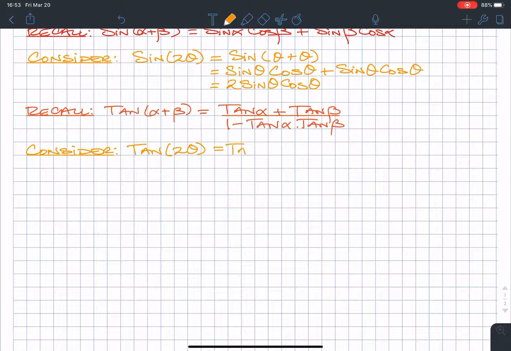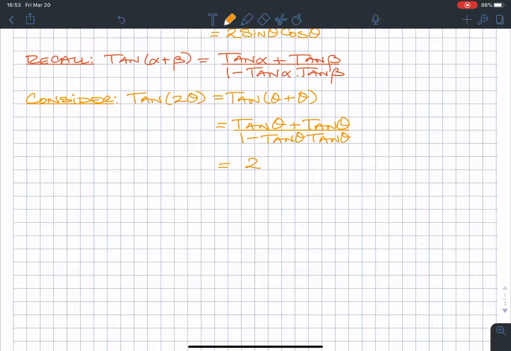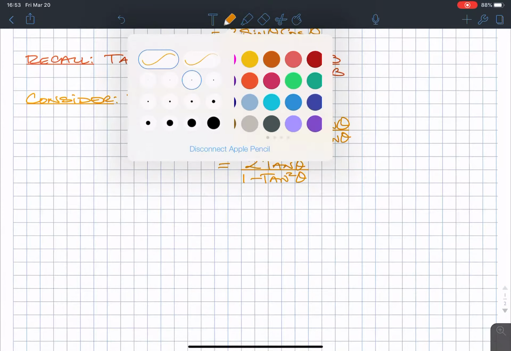Well, that's going to be tangent of the quantity, theta plus theta. So that will be tangent of the first, theta, plus tangent of the second, theta, all divided by 1 minus tangent of the first, theta, times tangent of the second, theta. Okay, so do you agree there are 2 tangent thetas in the numerator divided by 1 minus tangent squared theta in the denominator?